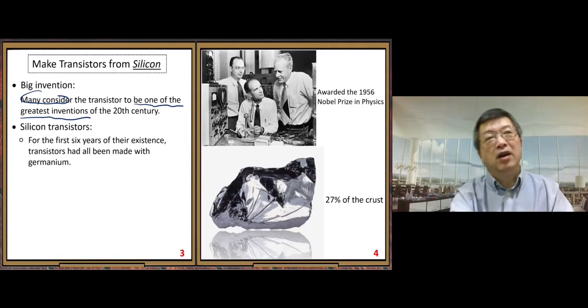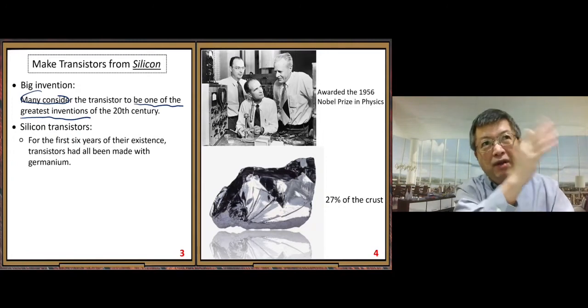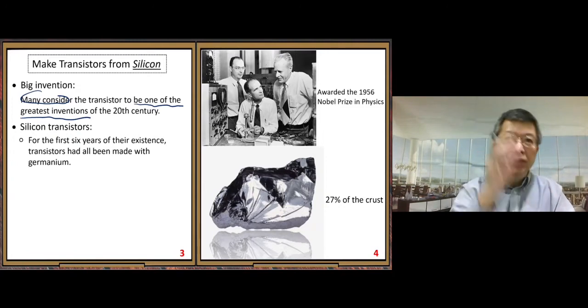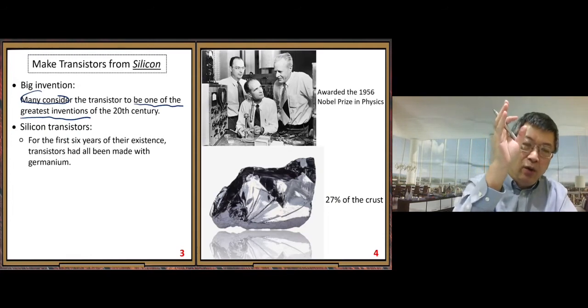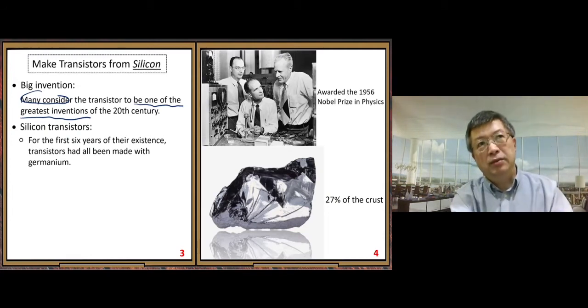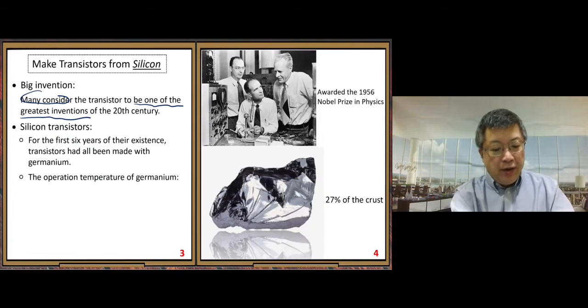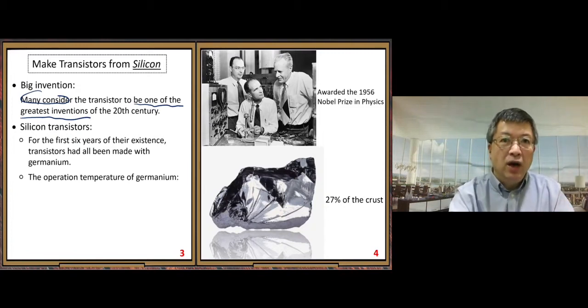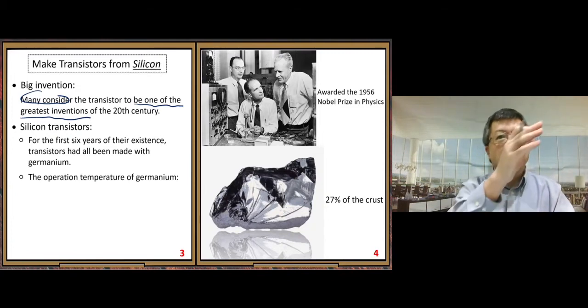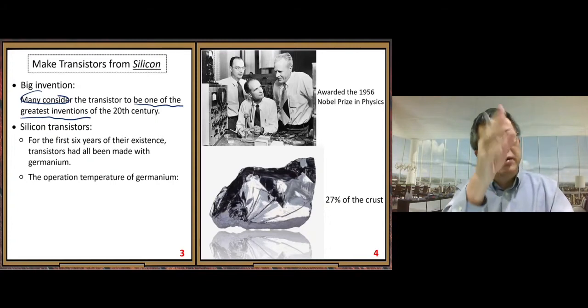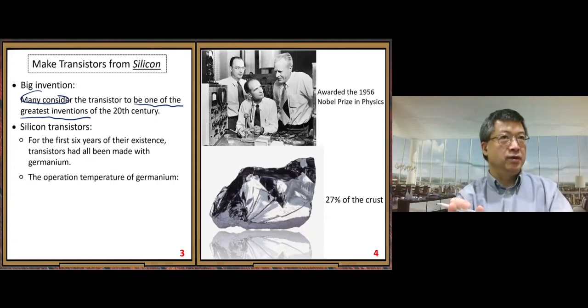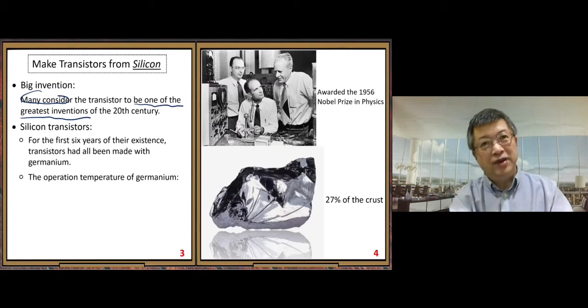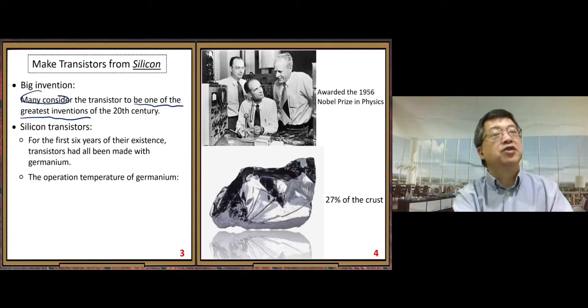Why is that? Although there are many different properties here, I only want to point out one special property difference. The operation temperature of germanium is from 0 to 70 degrees Celsius, Celsius, not Fahrenheit. So a pretty small operating temperature range. But for silicon, it is much larger.